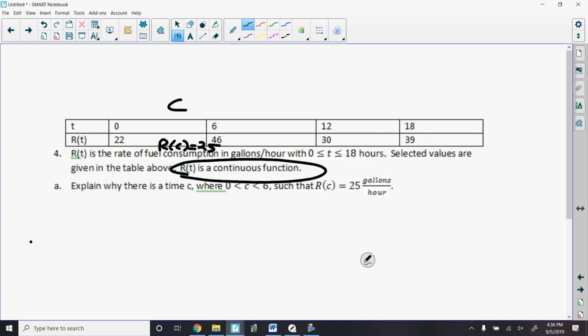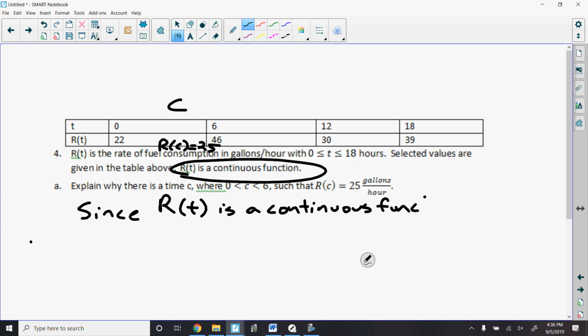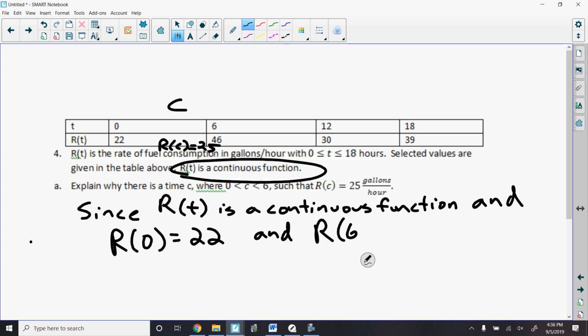So here's what I've got to say. On [0, 6], R of t is a continuous function. And I know R of 0 is 22, and R of 6 is 46. Right? I'm stating that 25 is intermediate to 22 and 46, right? It's in between those numbers.